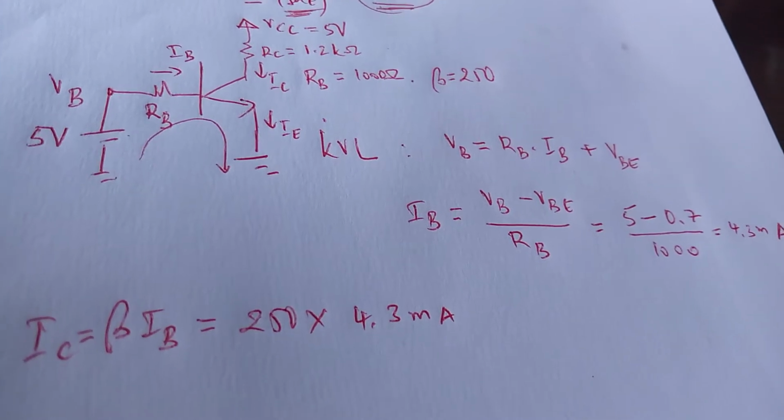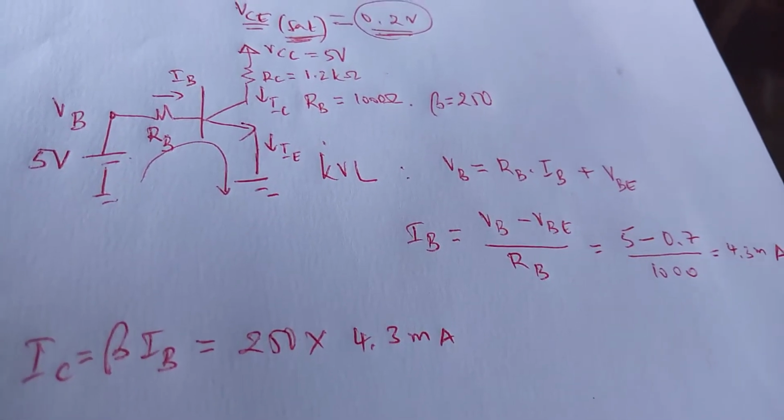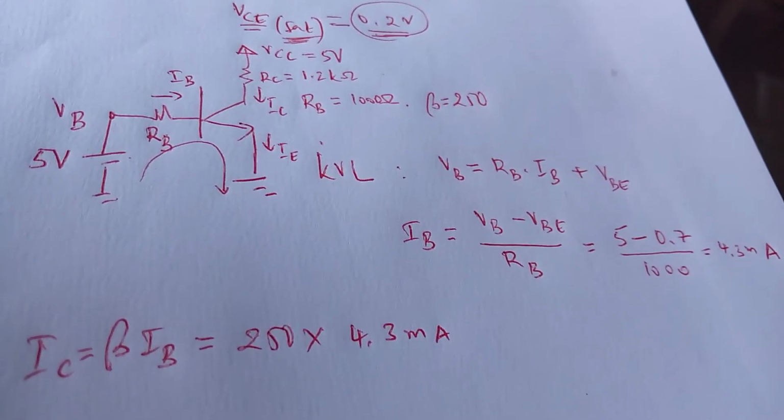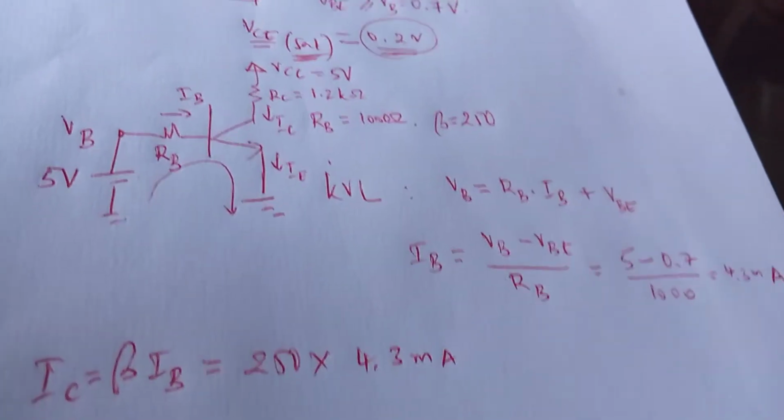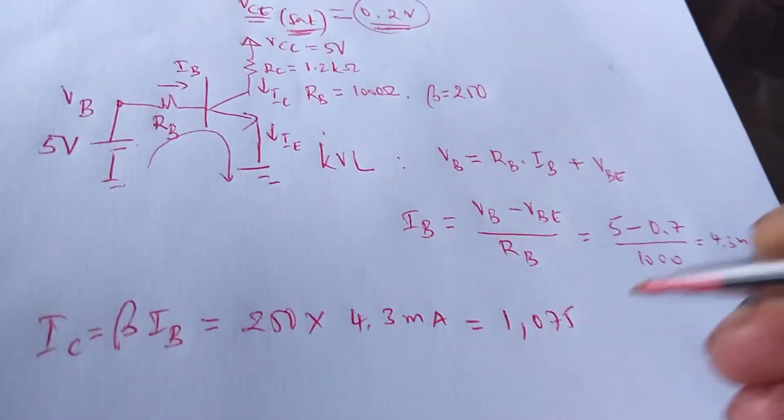I'll just use my calculator now. 4.3 milliamps times 250 results in a very high current of 1,075 amperes.